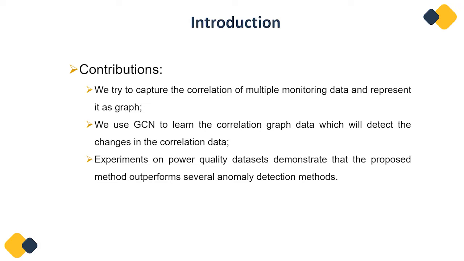Secondly, we use GCN to learn the correlation graph data, which will detect the changes in the correlation data. The principle behind this method is the assumption that multiple monitoring data will impact others in a certain time. The third one, experiments on power quality data size, demonstrates that the proposed method outperforms several anomaly detection methods.